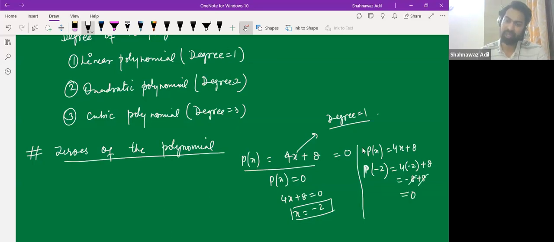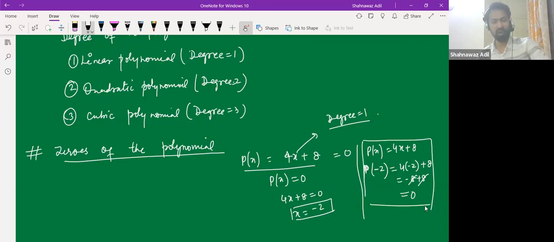So that is the meaning of the zeros of the polynomial. The values of x at which p(x) becomes 0, the polynomial becomes 0 at these values.